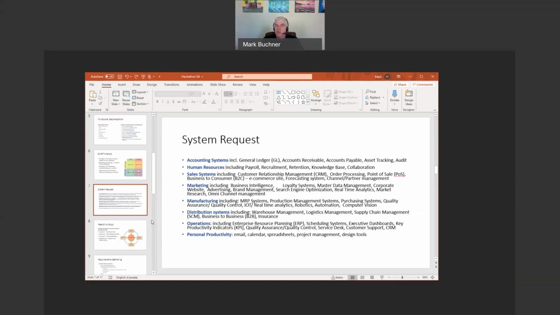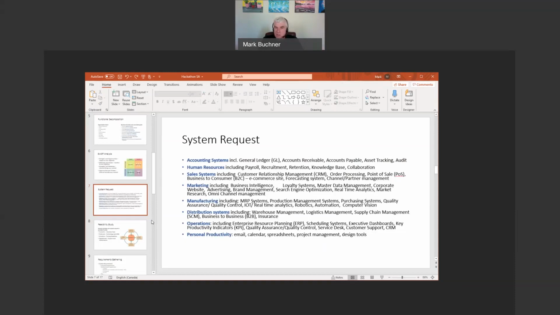So notice here that the accounting department might be interested in asset tracking, an accounting system, an audit system, or an accounts payable system. Human resources has really clearly defined challenge sets for recruitment, but that may also involve retention, or knowledge, where you can learn new information, or maybe something more mundane, like how do we do the payroll?